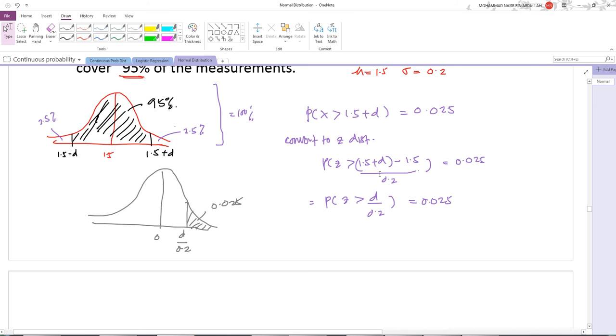So 1.96 is 2 standard deviations. So the value of this one is 1.96, and the value here is not the same as here, because this is X, this is the Z distribution. This is negative 1.96. So to find the value of d, d divided by 0.2 equals 1.96. Then d will be 1.96 multiplied by 0.2, which is 0.392. We solved the problem.